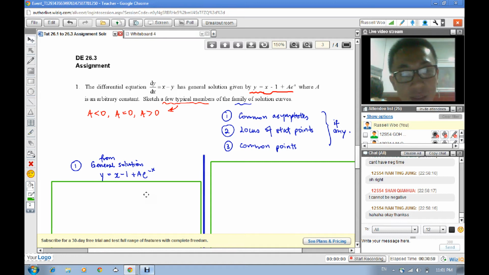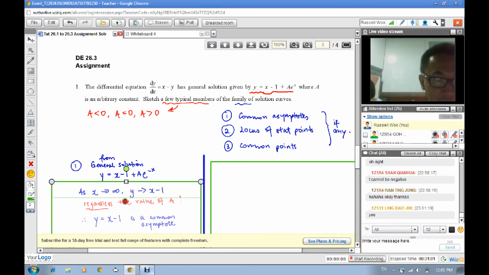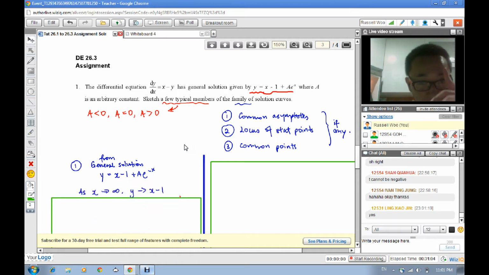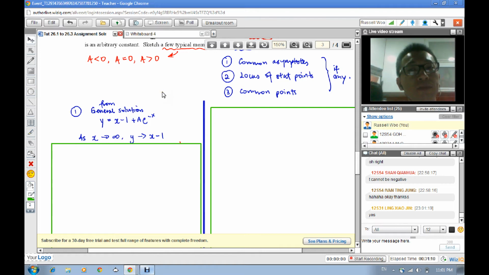In this case, yes, because as x tends to infinity, not negative infinity, just infinity alone, that last term tends to 0. And therefore, y tends to x minus 1. I don't care what is the value of a, this will be how y behaves as x tends to infinity.